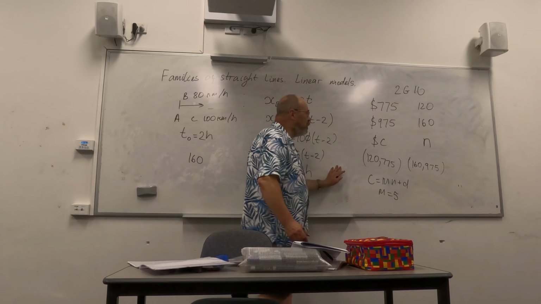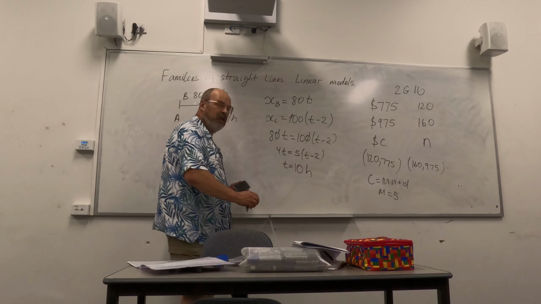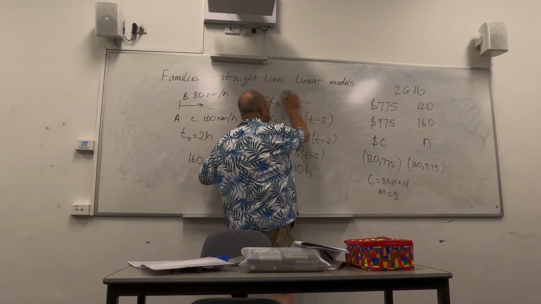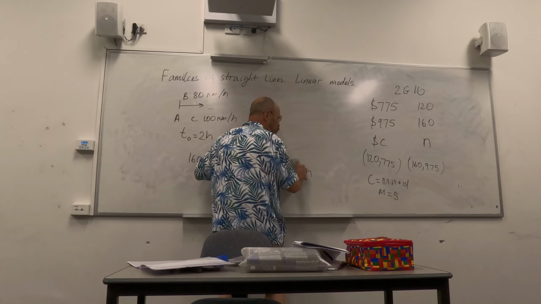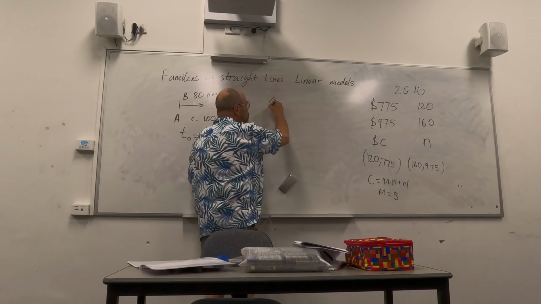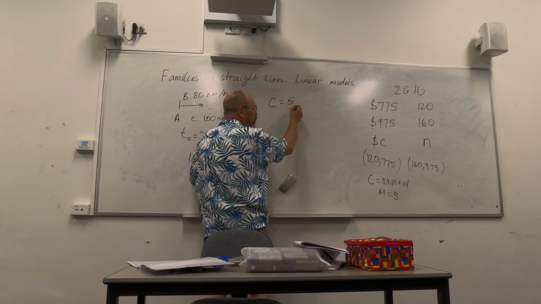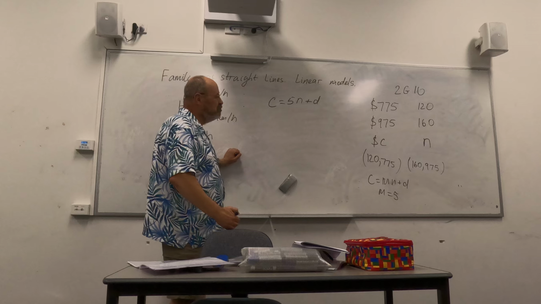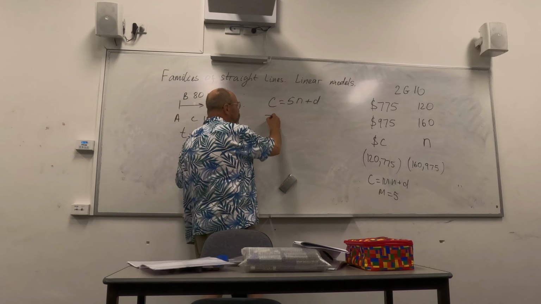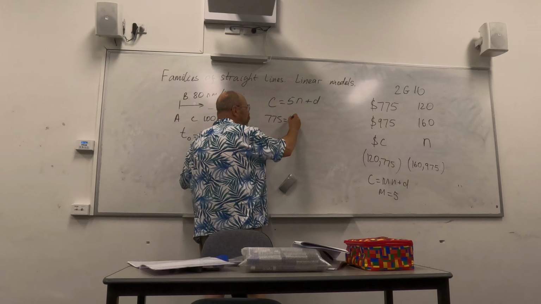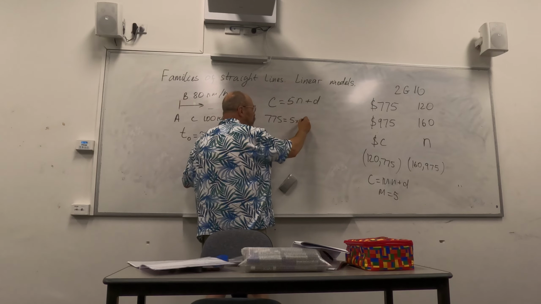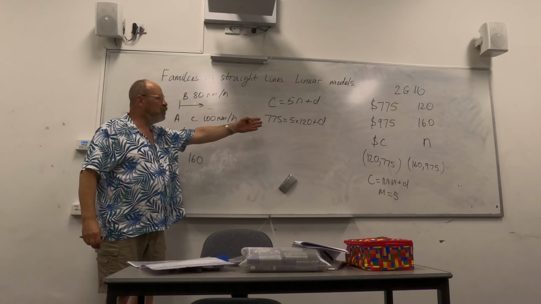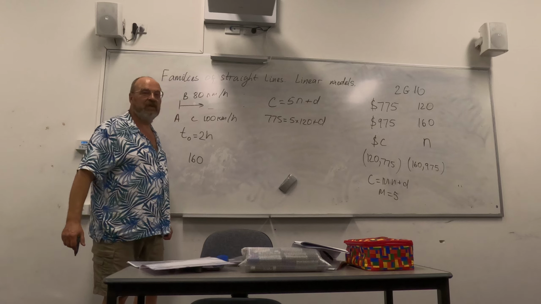You substitute one point. So we have C equal to 5 times the number of notes plus D. You substitute one point, let's say 120, 775 equals 5 times 120 plus D. So 600, so D equals 175.